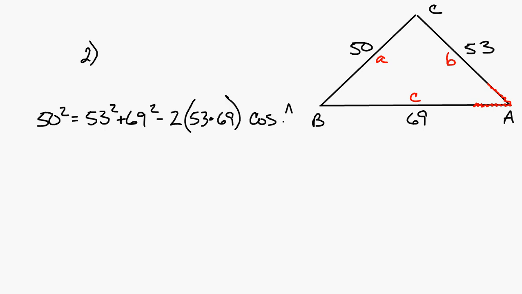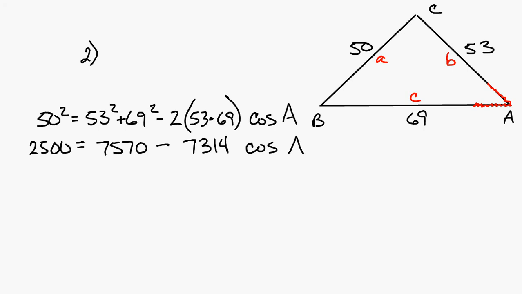Okay, and now you're going to start doing these calculations. So 50 squared is 2500 equals 53 squared plus 69 squared, which equals 7570, minus 2 times 53 times 69, 7314, times cosine of A. So then you're going to subtract 7570 from each side.